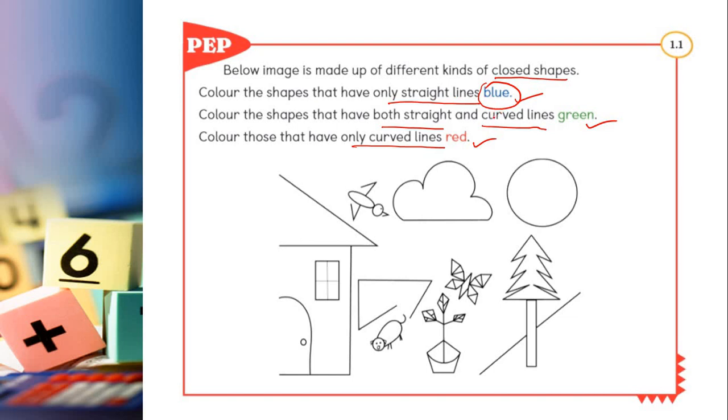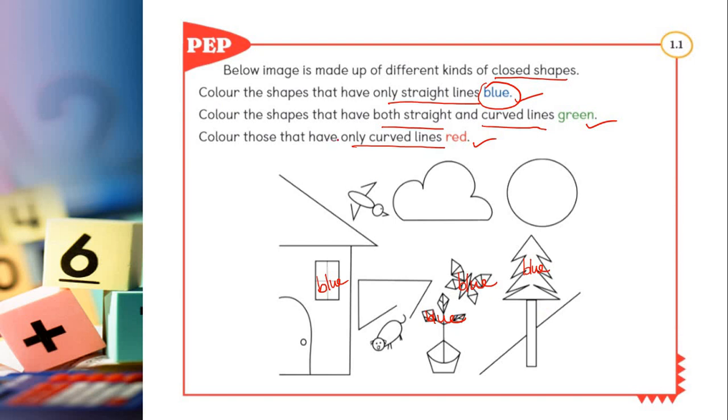Yes, this you should color with blue. And here is one more shape that has only straight lines, and this one also. So, these shapes you have to color with blue.